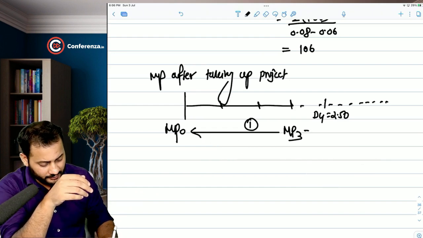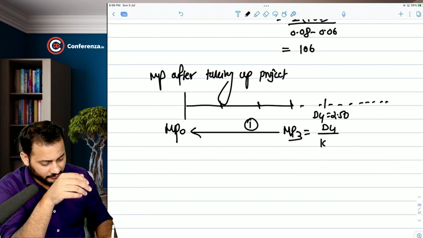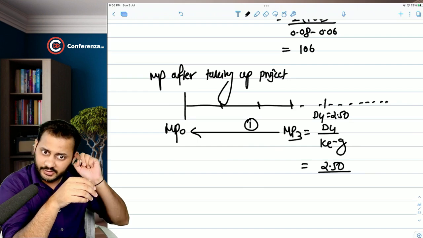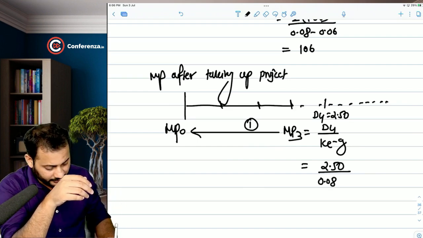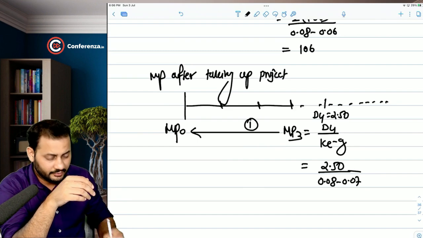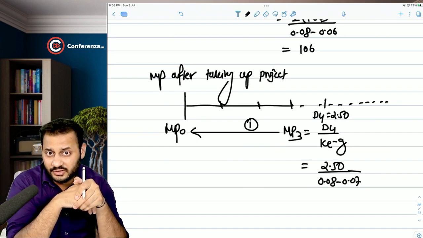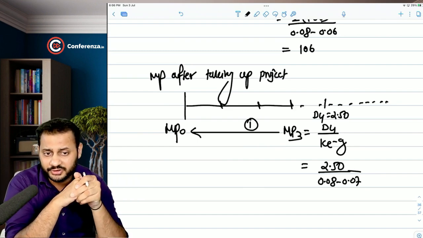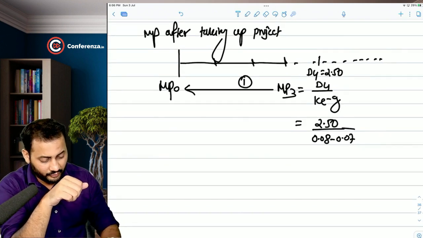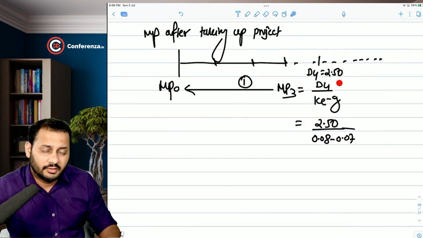So MP3 is nothing but D4 divided by cost of equity minus growth. D4 is 2.5 rupees, cost of equity is 8% and the growth rate is 7%. Am I right? The growth rate is 7% after taking up the project. D4 is already given to us, and if we are calculating MP3, the growth is already included in 2.50.